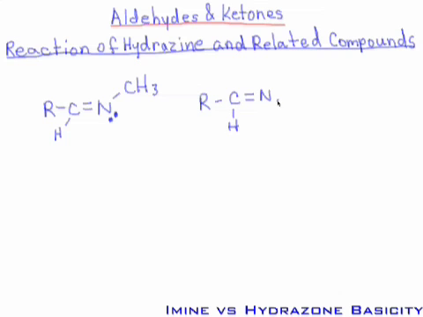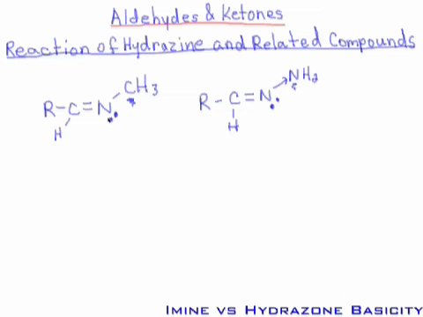For example, we looked at replacing the CH3 with an NH2 group. What's interesting about this is the nitrogen of the NH2 group is more electronegative than the carbon. Carbon is less electronegative than the nitrogen. The more electronegative nitrogen withdraws electron density from the nitrogen of the C double bond N. This increases the positive charge, basically causing the electronegativity of this nitrogen to increase.